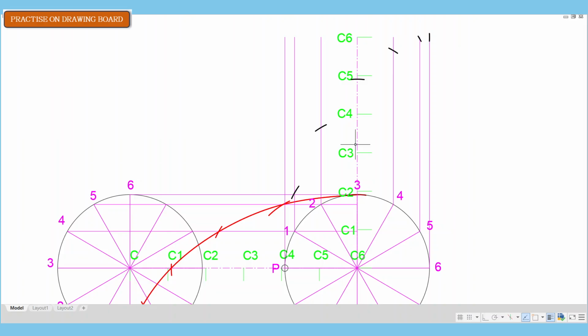Once we are done, now we can connect through using your French curves.